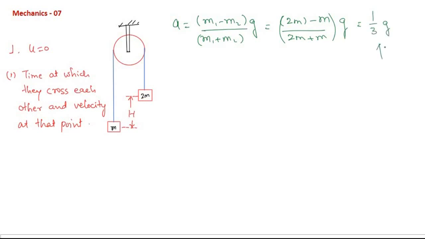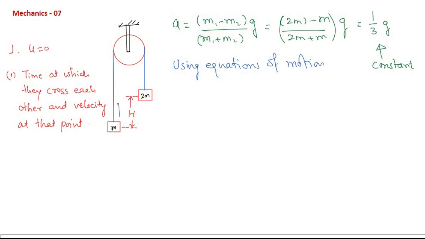See, the acceleration is constant. If the acceleration is constant, then, as we discussed in the second lecture, the equations of motion can be used directly. So, using equations of motion.